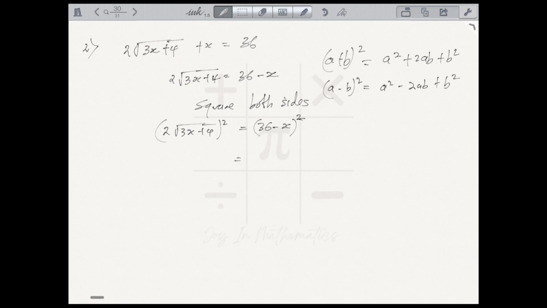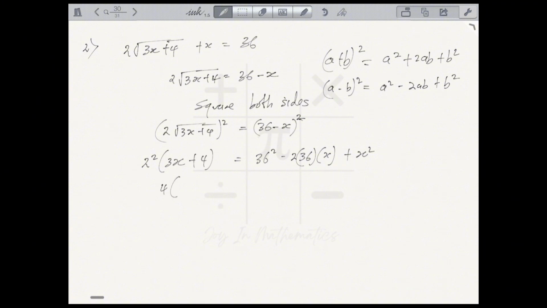So the right hand side will be 36 squared minus 2 into 36x plus x squared, because we are following this principle. The left hand side will give us 2 squared, and the square of the square root of 3x plus 4 will give us 3x plus 4.